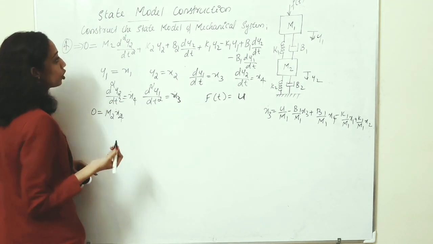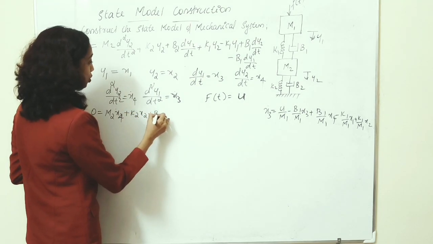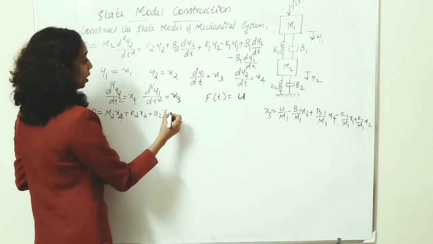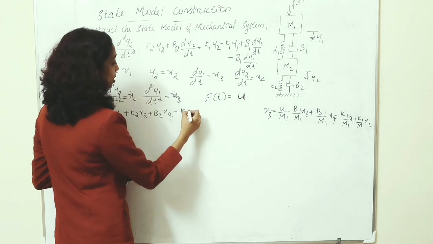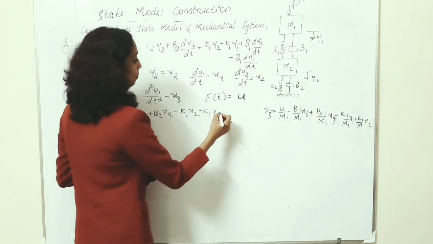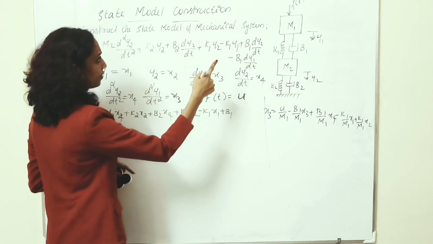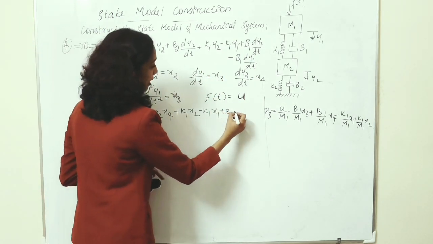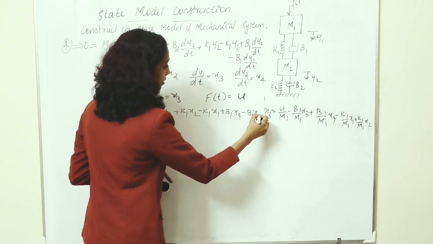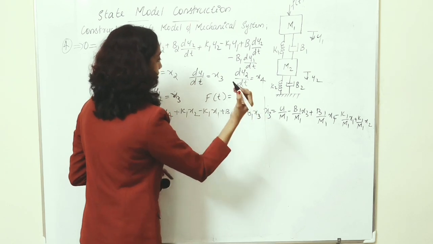m2 x4 dot plus k2 x2 plus b2 times dy2 by dt, which is x4, plus k1 times y2, which is x2, minus k1 x1, plus b1 times dy2 by dt, which is x4, minus b1 x3.